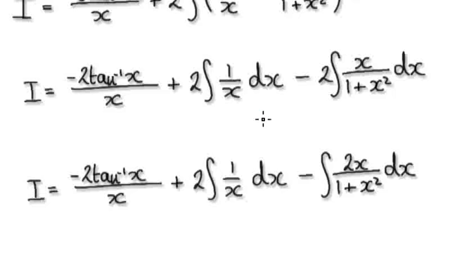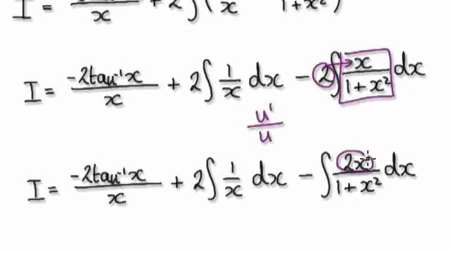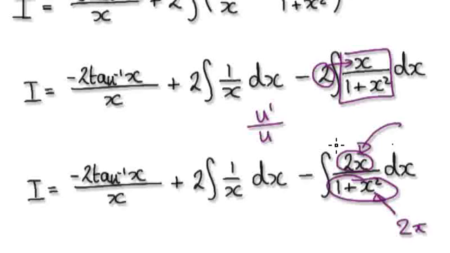So always keep an eye out for something being the exact derivative of another thing. So here, if you push this 2 back into here, then here you've got something that's the exact derivative of another thing. Because if you differentiate this thing here, it will give you 2x, which is exactly the same as this.